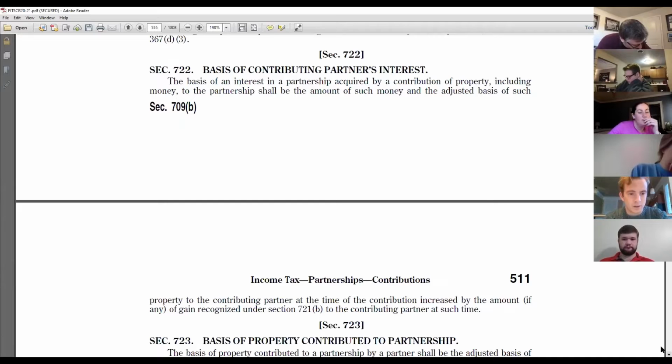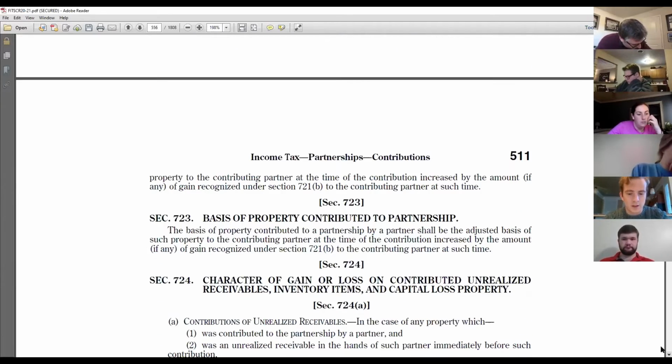And then 723 deals with inside basis, and it's the same principle. The basis of property contributed to a partnership by a partner shall be the adjusted basis of such property, increased by the amount of gain recognized under 721(b).